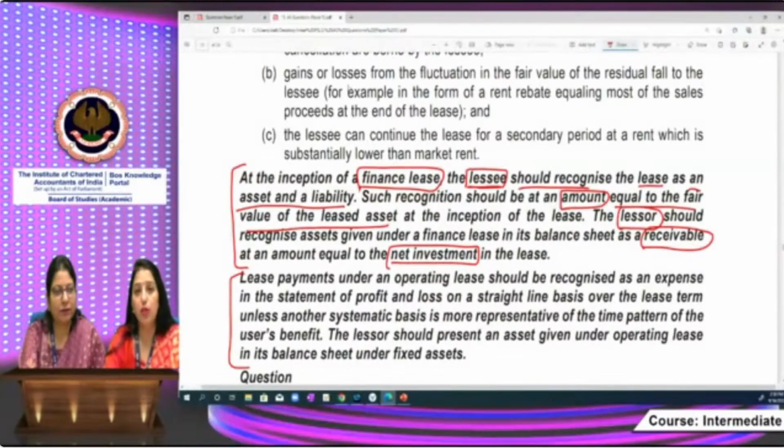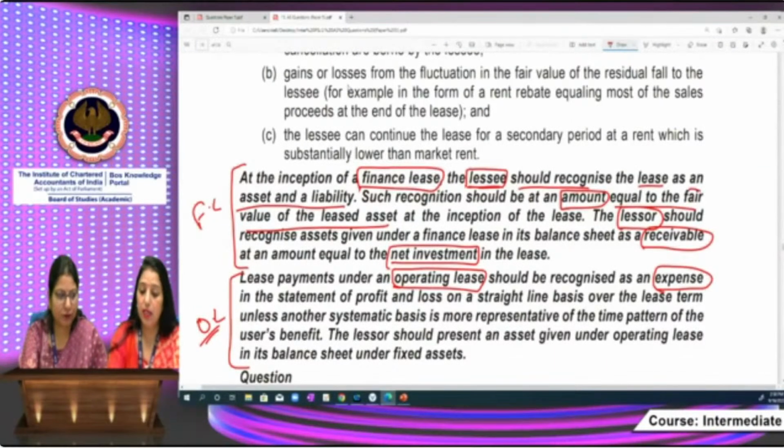And what accounting treatment is to be done in the books of the lessor in the operating lease? Lease payments under the operating lease should be recognized as an expense in the statement of profit and loss on an SLM basis over the lease term, unless another systematic basis is more representative of the time pattern.